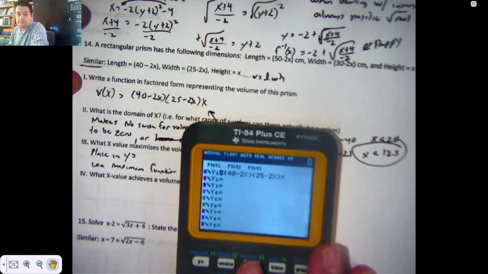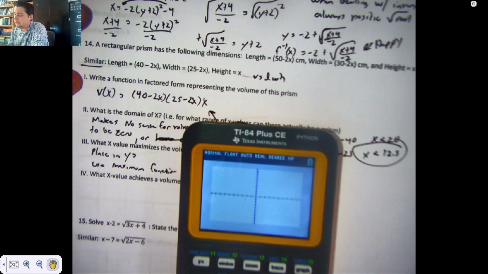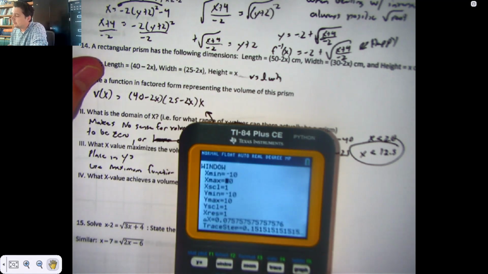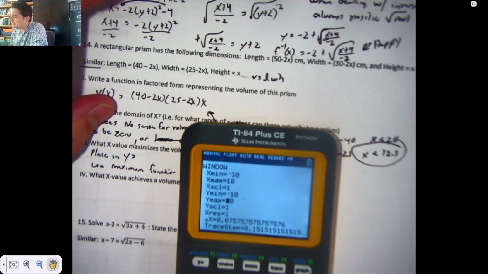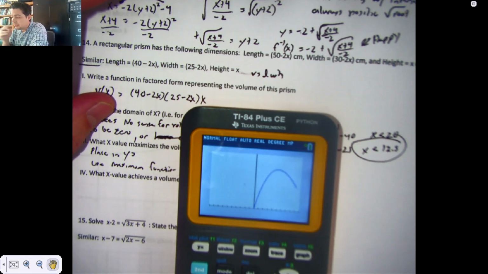And I'm just going to zoom 6 it, and I'm going to play with my window. I got a hunch this thing has a volume up in the thousands of centimeters. I did a zoom 6 and I saw nothing, but I can see this blue line going straight up. So just for the crap of it, I'm going to set a y max of 3,000. I hope it's 3,000, otherwise I got to change the problem.